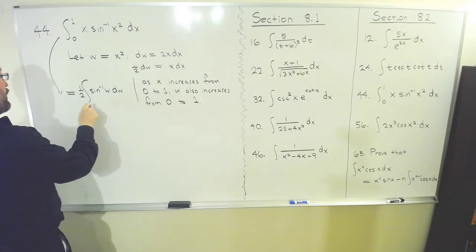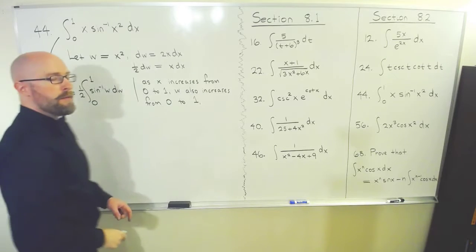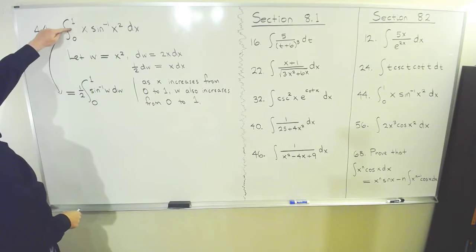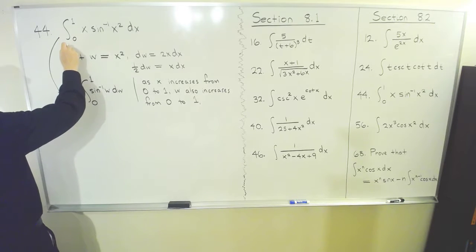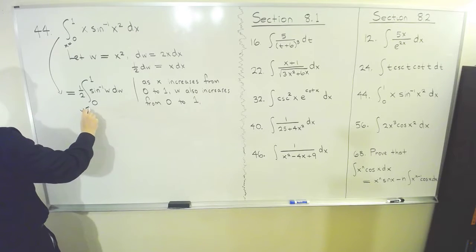So it will turn out that the limits here are again 0 and 1, just like they were here. But that's a coincidence. You can't always just copy the limits from the last integral, because this limit meant x goes from 0 to 1, whereas this one means w goes from 0 to 1.